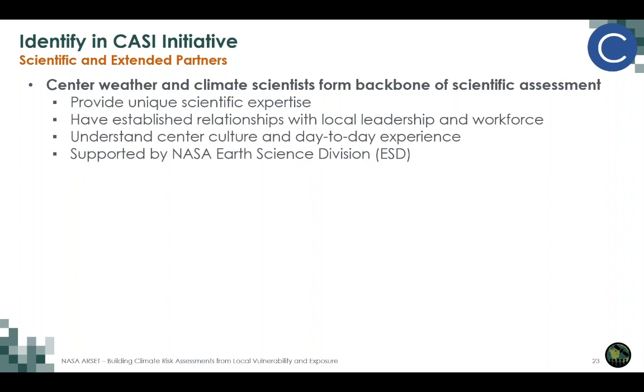With established relationships with local leadership and workforce, these scientists are well positioned to communicate findings effectively and implement solutions promptly. These experts understand the center's culture and day-to-day experiences, allowing them to tailor their assessments and recommendations specifically to a center's needs.